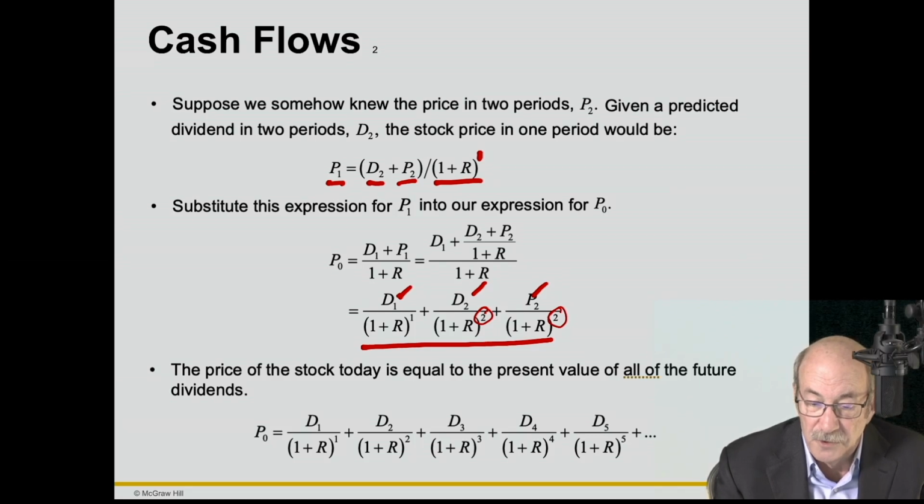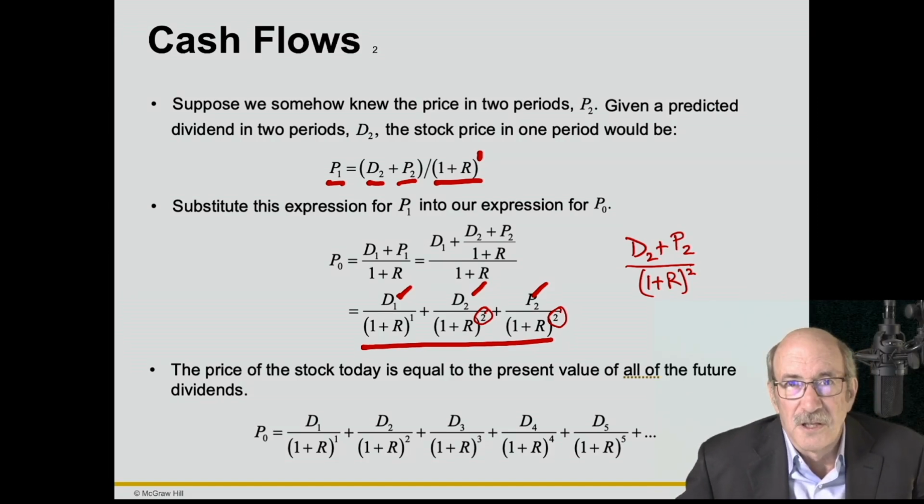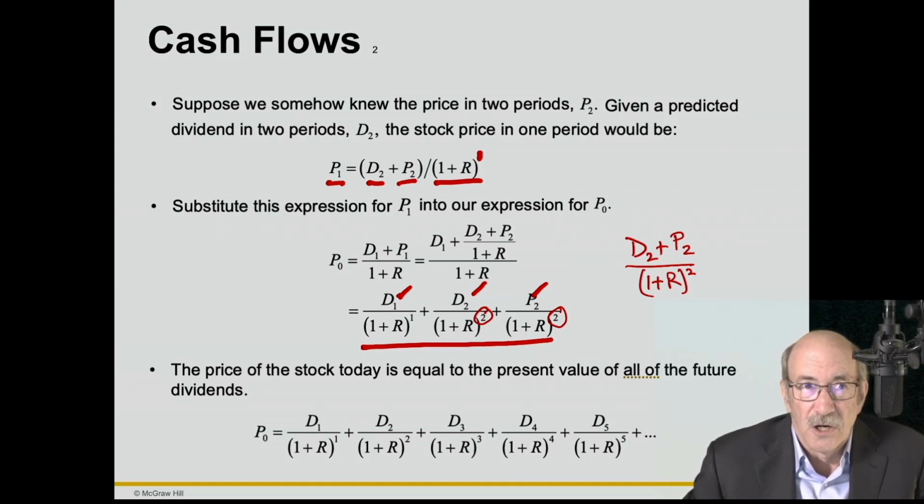We could actually rewrite this as D2 plus P2 divided by 1 plus R raised to the second, right? That's the same thing. This dividend gets paid, and then just an instant later we sell the stock. So these actually occur at the exact same time.